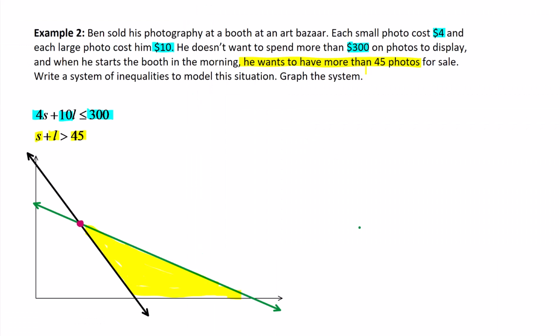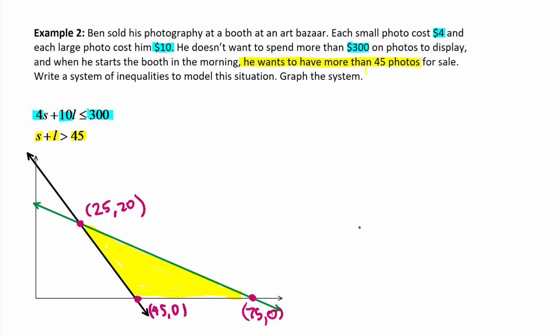So here, the bounds on my solution to the system of inequalities is (25, 20), (45, 0), and (75, 0). Now, what does this mean?